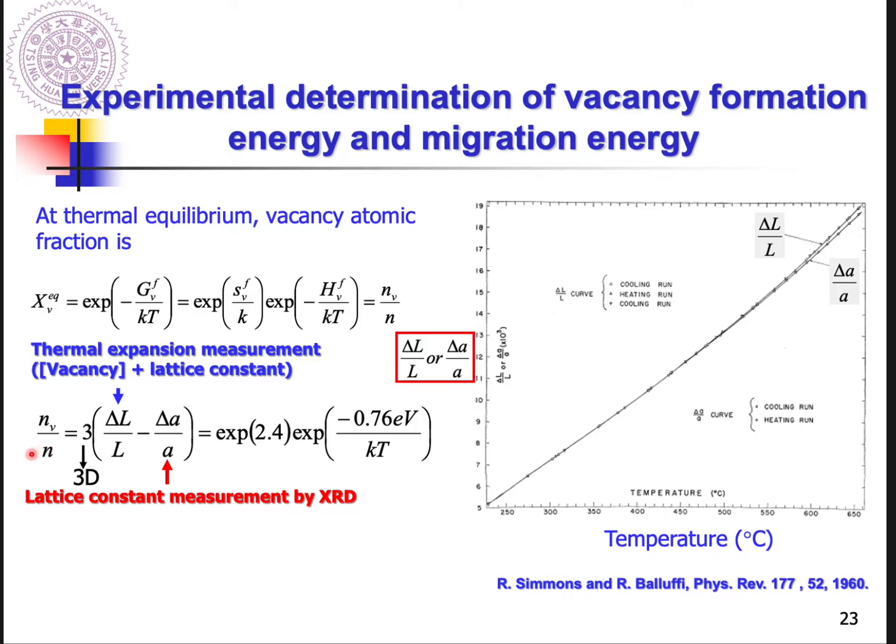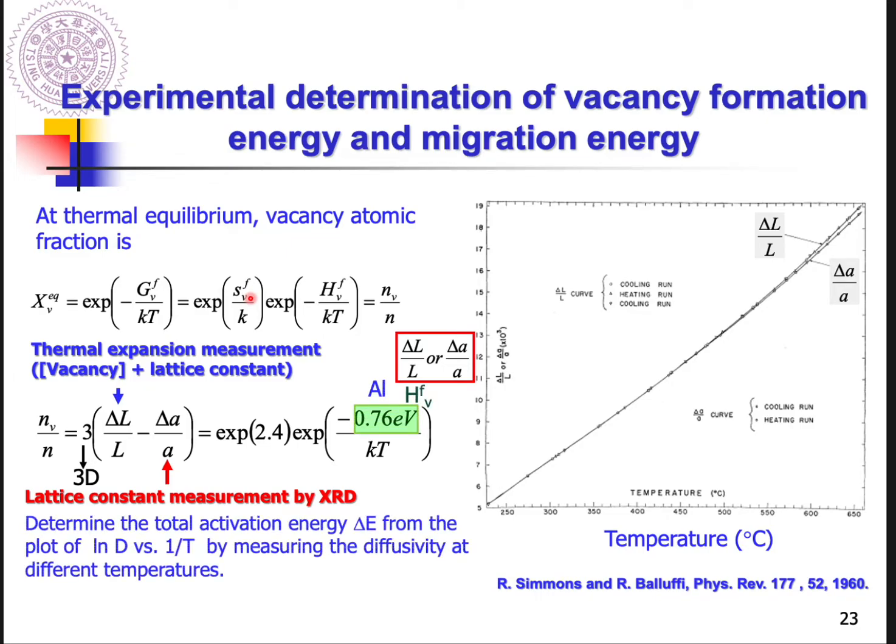You know this value at a certain temperature, so you can measure XV at different temperatures, then take the log of this equation. After fitting, you also get the slope. The slope corresponds to the vacancy formation energy. And the intercept of the log of this value will be associated with the entropy term.